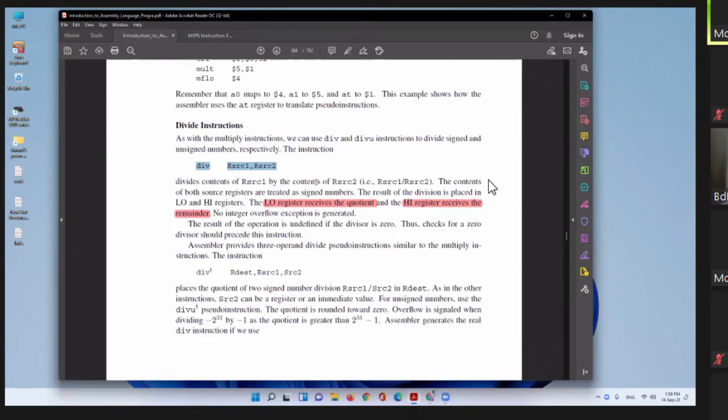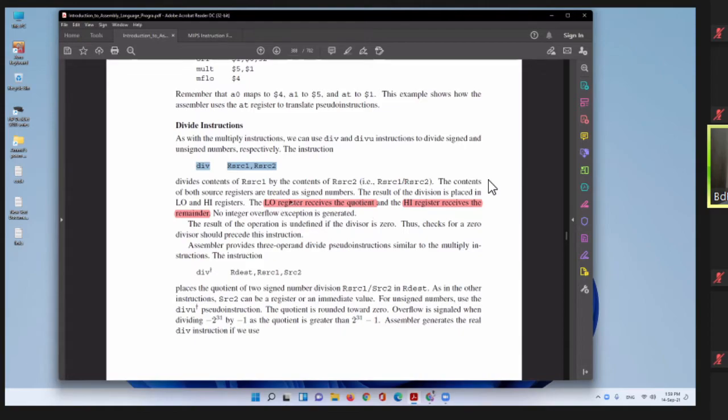One is the quotient and another is the remainder. So whenever you do the division, we have two results. One is the quotient, that is the result, and another one is the remainder. So we also need two places to store them.